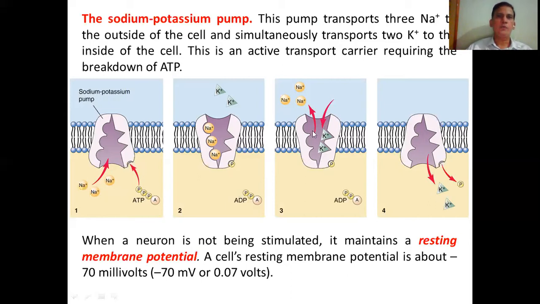And also two molecules of potassium are pumped inside. This whole process requires utilization of energy.